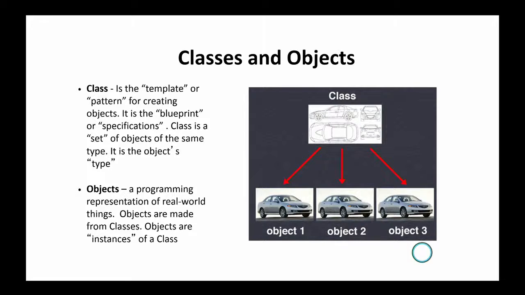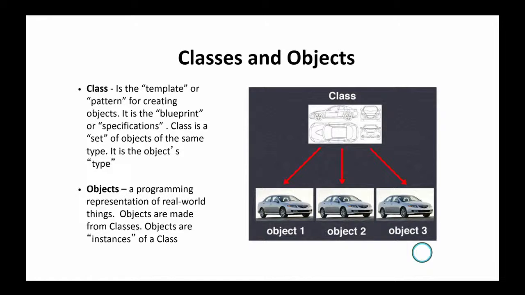We could also say that a class is a set of objects of the same type, or in other words, it is the object's type. So in this example, these cars that have been manufactured belong to the car class, the car class being the type of the object that you create.